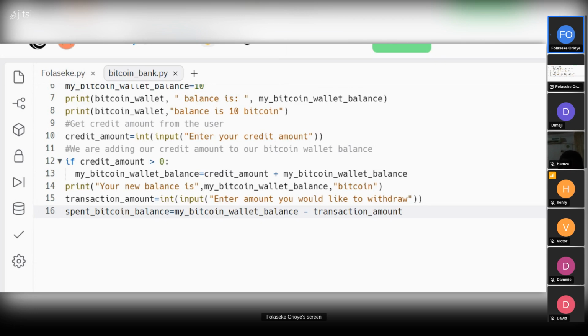Yes, it's true. So that means my Bitcoin wallet balance, the total amount of money I have in my wallet, will be the credit amount I entered, that is the 1,000 naira, plus overall the money I already had in my wallet before.